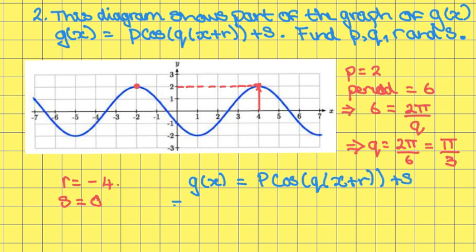Therefore, g of x is equal to 2 cos brackets pi over 3 brackets x minus 4 close brackets, no s, so the equation is g of x equals 2 cos pi over 3 (x minus 4).